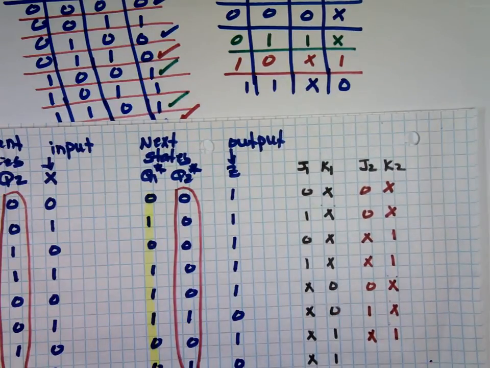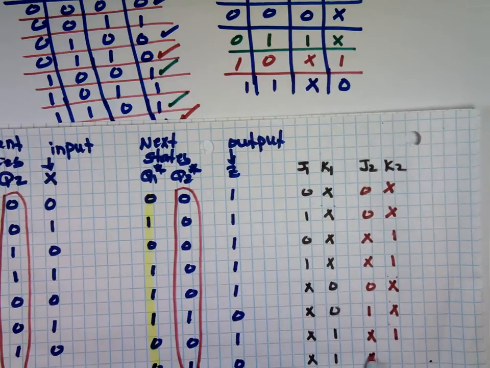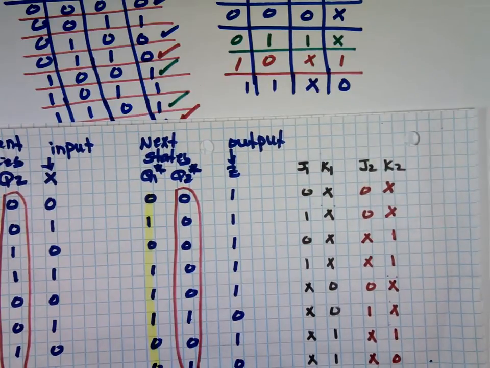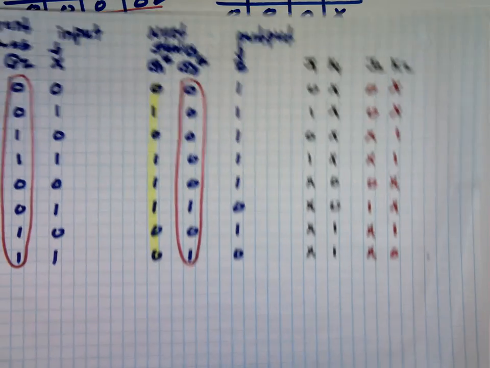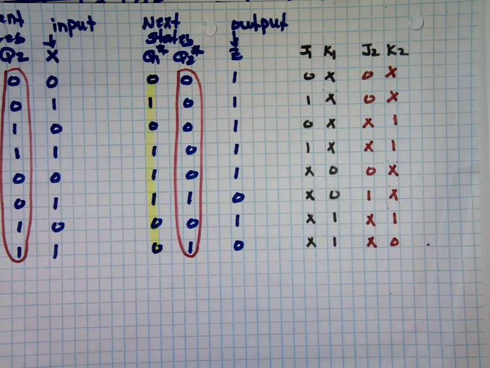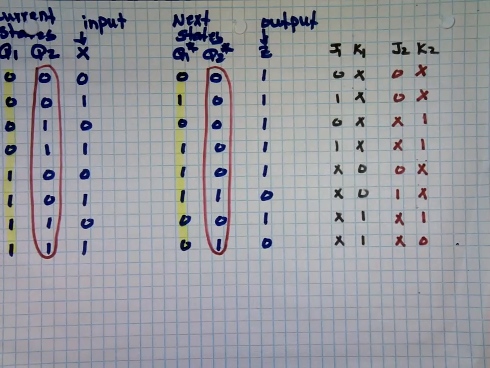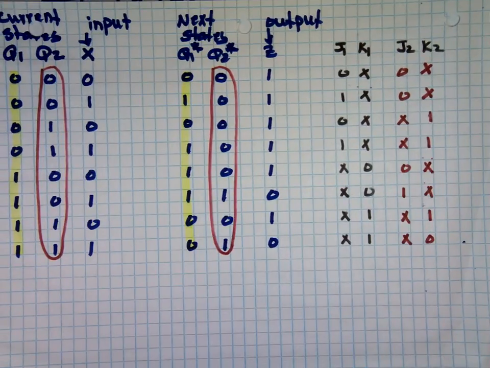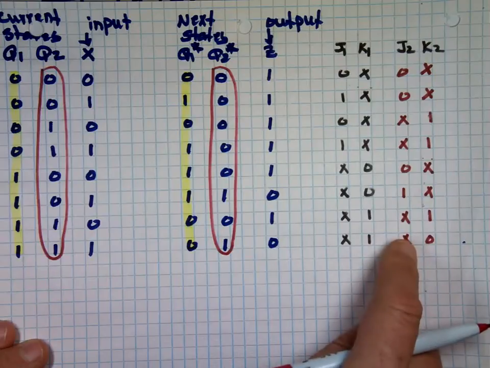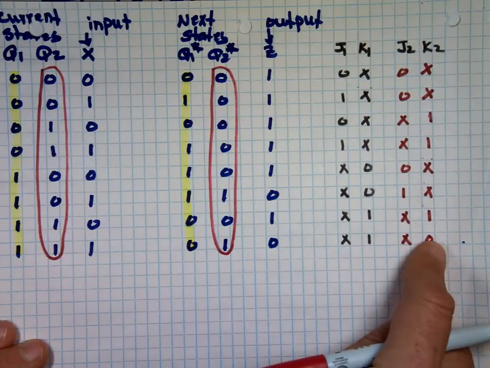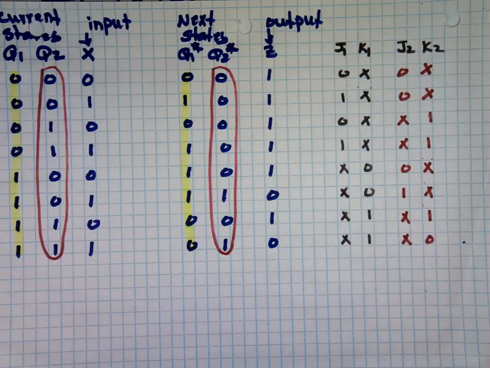And 1 to 1, don't care and 0. Now I'm ready to design them. I'm ready to build my circuit. I just have to do a Kmap for this, Kmap for this, Kmap for this, Kmap for that, build it, ready to go.